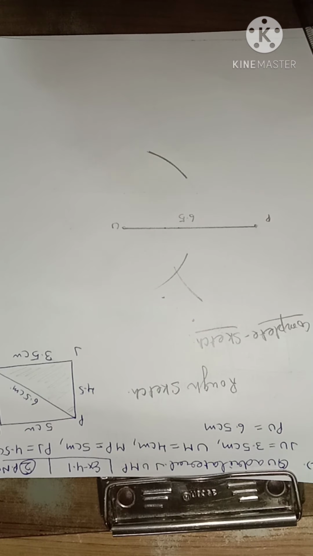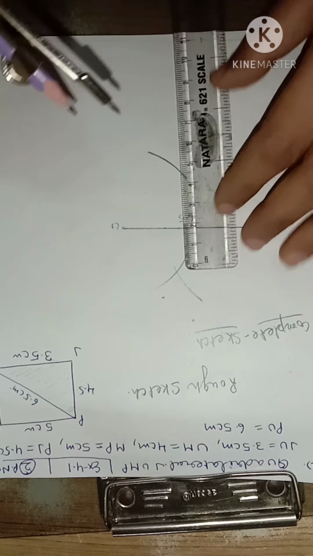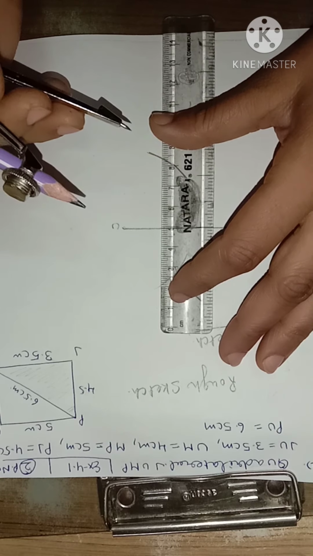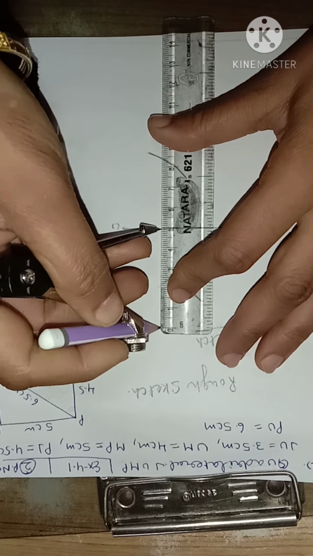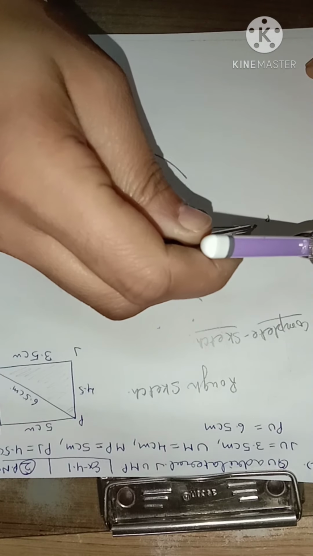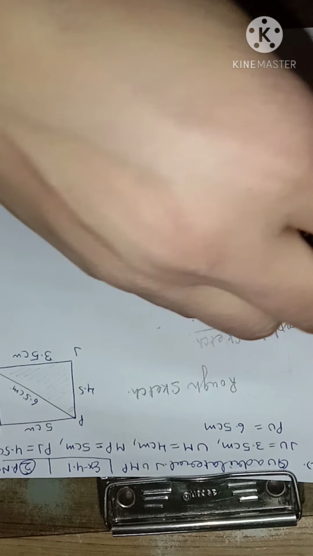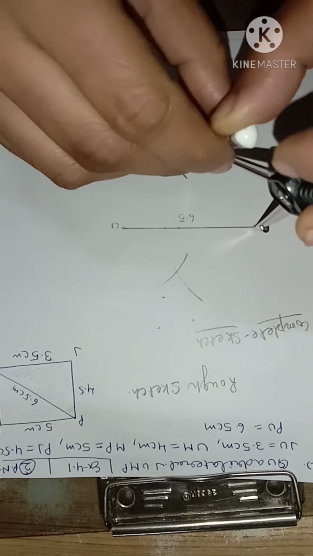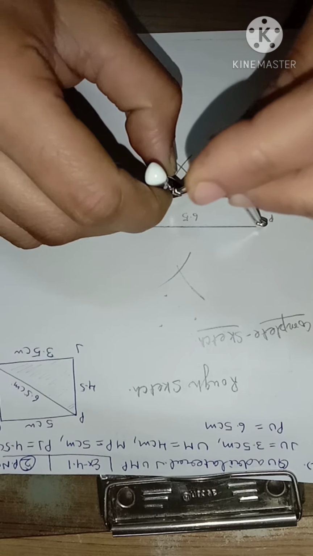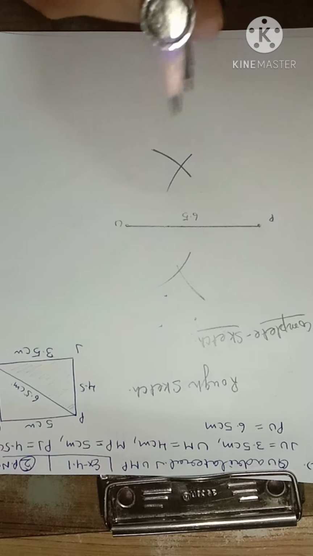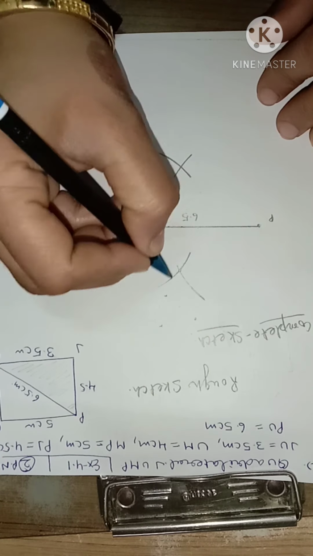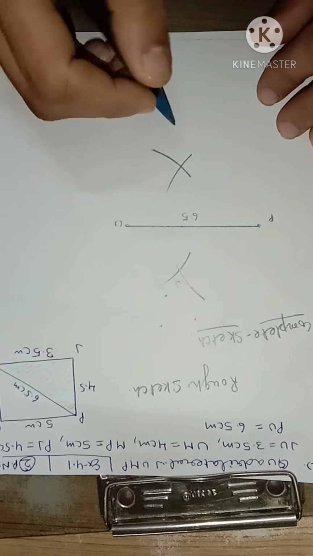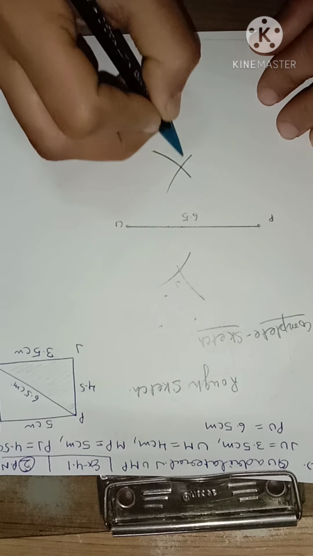Then from P to M, the distance is 5 centimeters. Cut the arc now. Where both the arcs intersect, give it the name M.